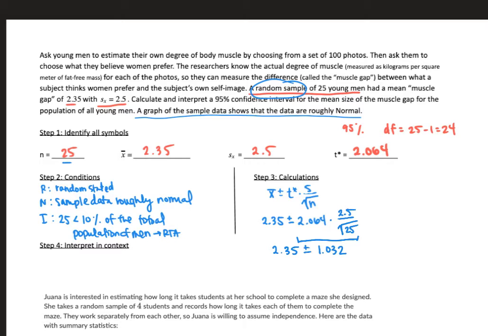So to calculate our confidence interval, we're going to subtract that, and we're going to add that. So in that case, we get 1.318 as our lower bound and 3.382 as our upper bound.